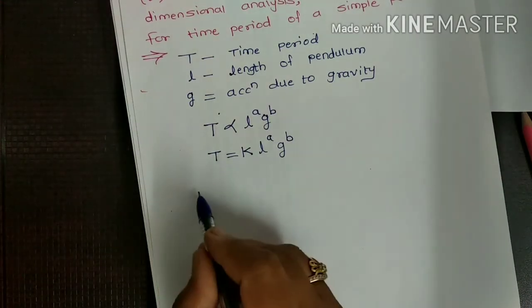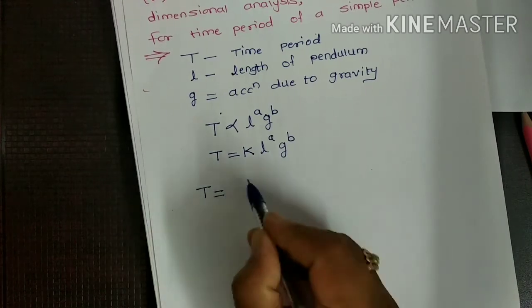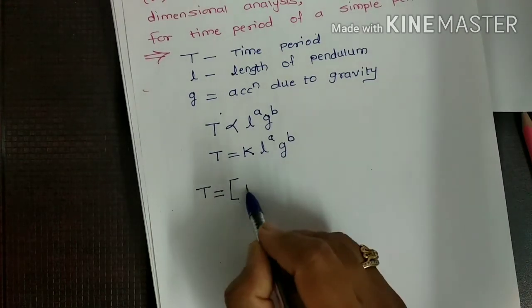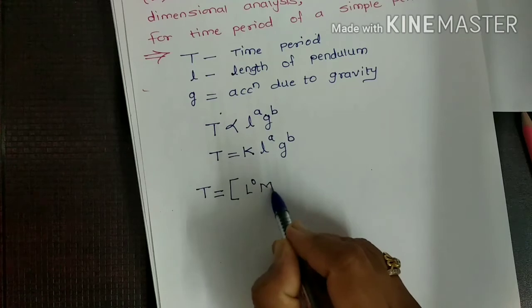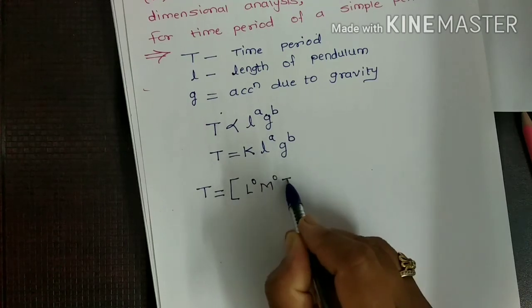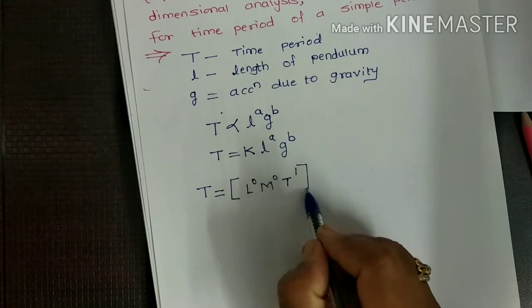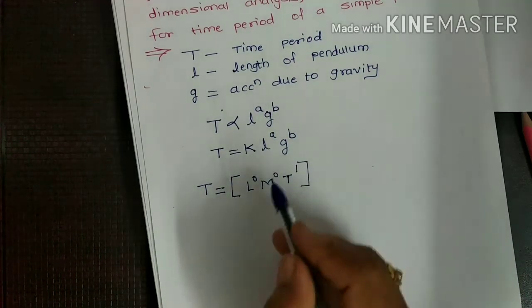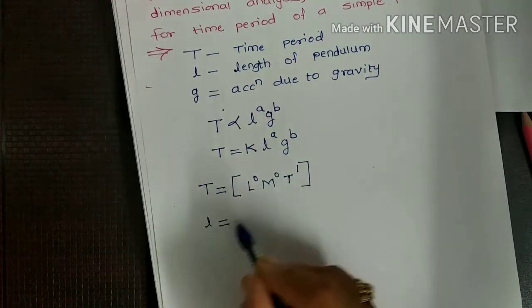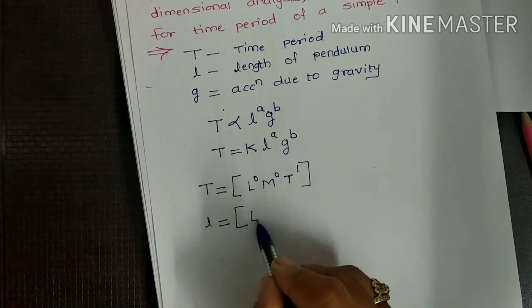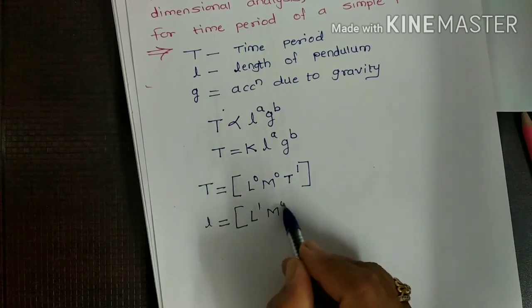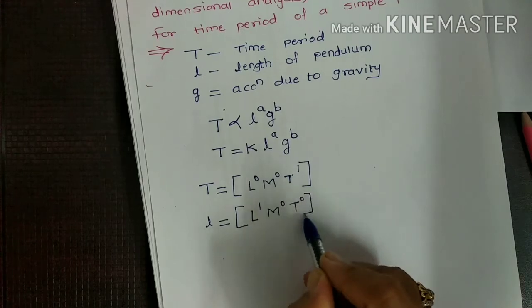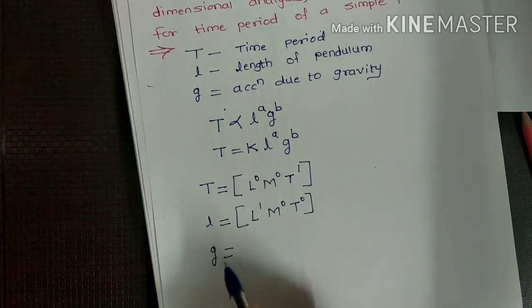Dimensions for T are L raised to the power 0, M raised to the power 0 and T raised to the power 1. Then dimensions of L are L1, M raised to the power 0, T raised to the power 0. For G, G is the acceleration due to gravity.